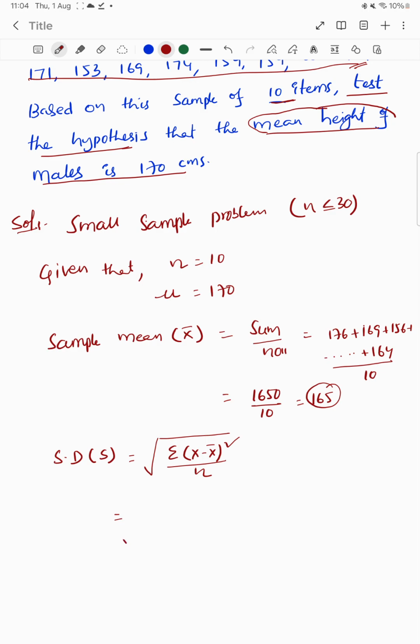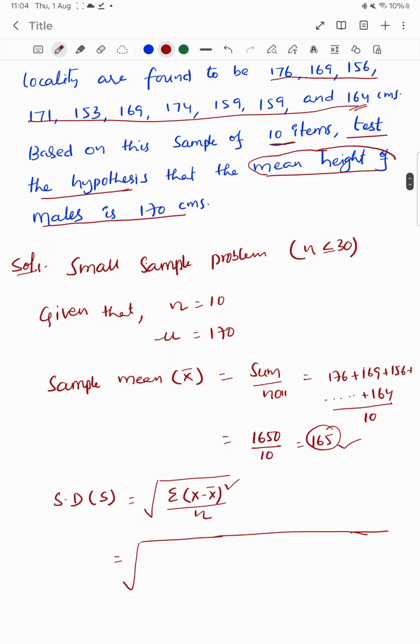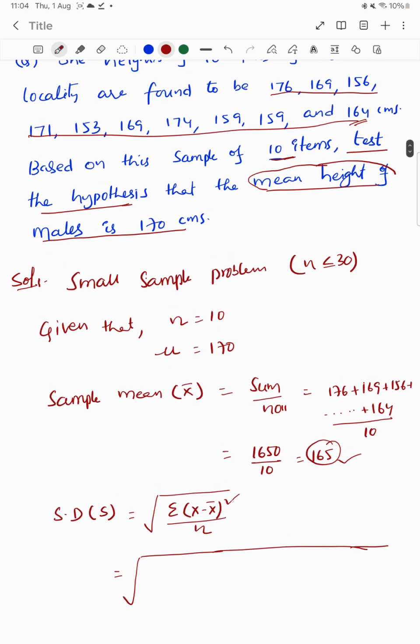So we need to subtract this 165 from every observation, then take the squares and divide by n.